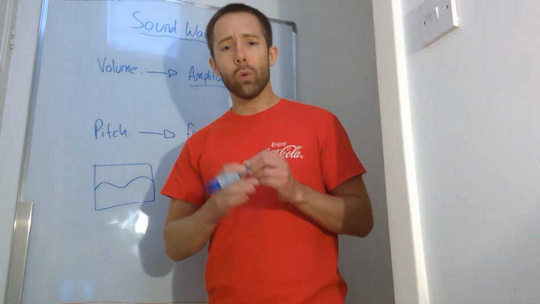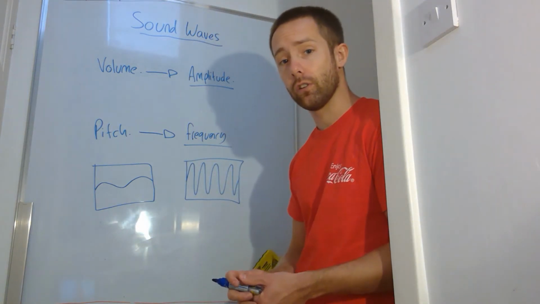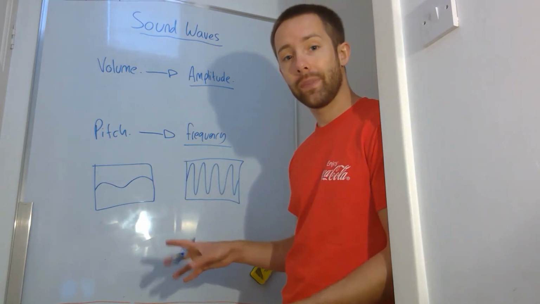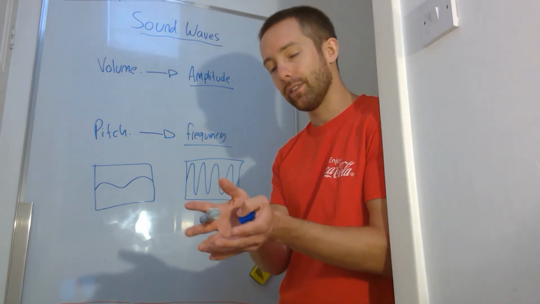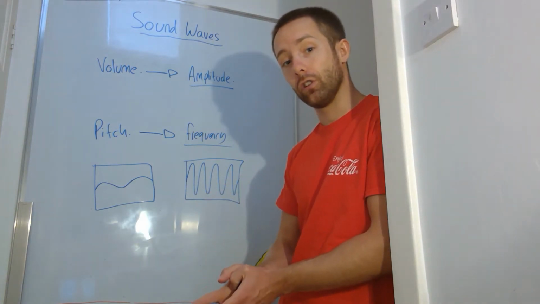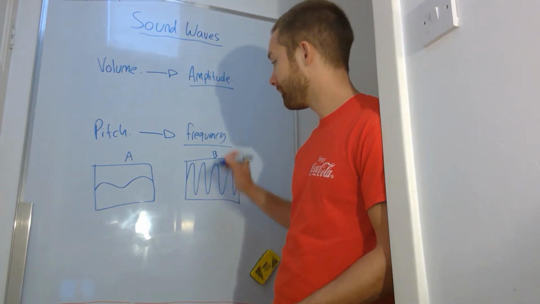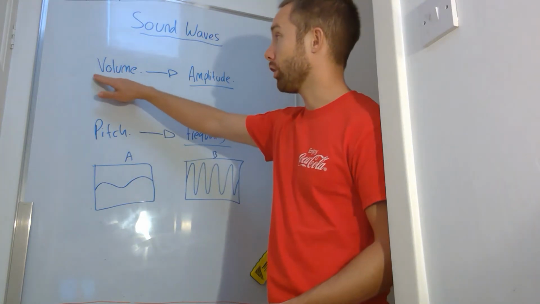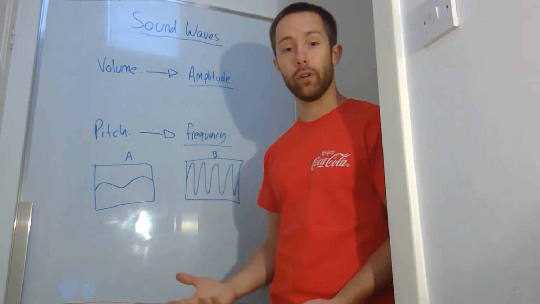The question I'm thinking of was actually a 4-marker, which I thought was very, very generous. The question said, compare these two sound waves and give reasons for your answer. So you had to come up with 2 conclusions and give an explanation for each. If this was A and this was B, I'm going to make a conclusion about the volume and say how I know that, and a conclusion about the pitch and how I know that.